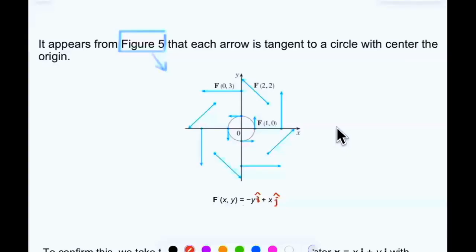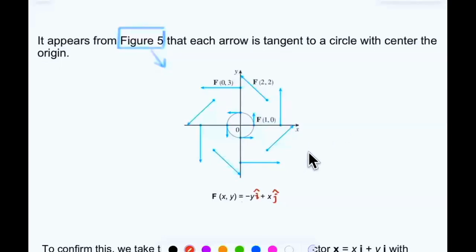Yeah, you take the dot product. Here is the vector field over here. And for the circle over here, at this point, we want to see that the vector is tangent to the circle.